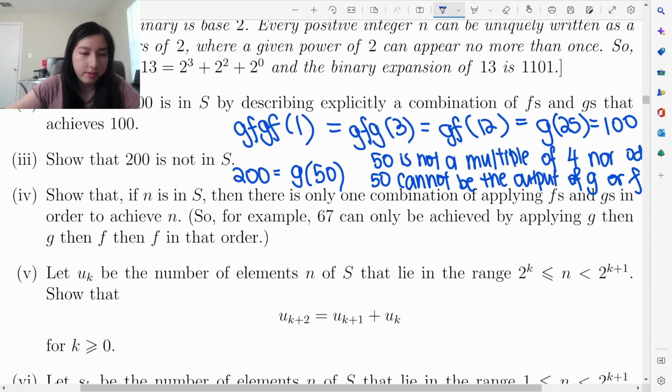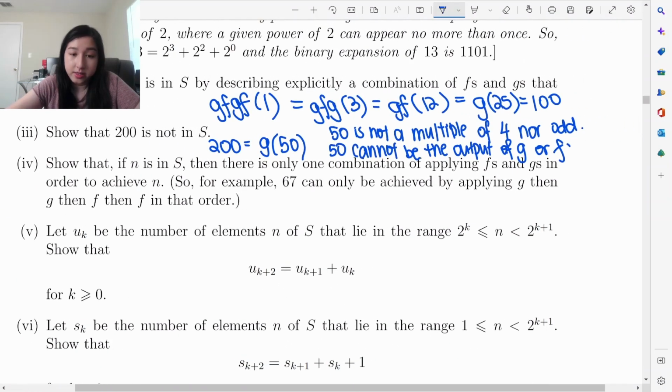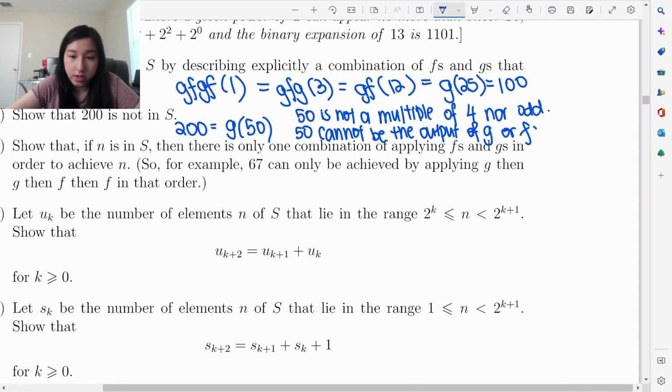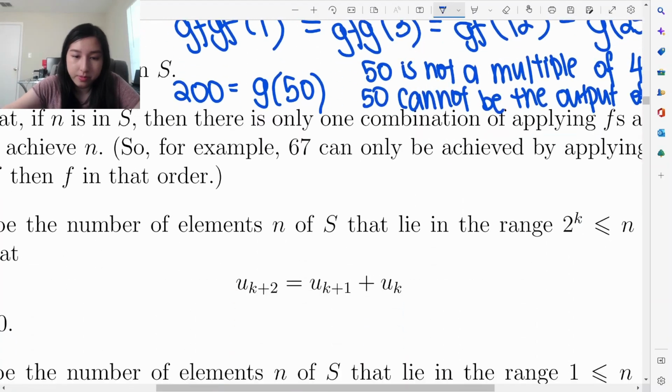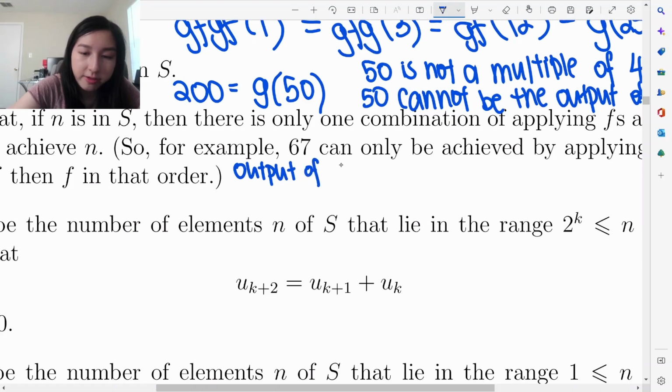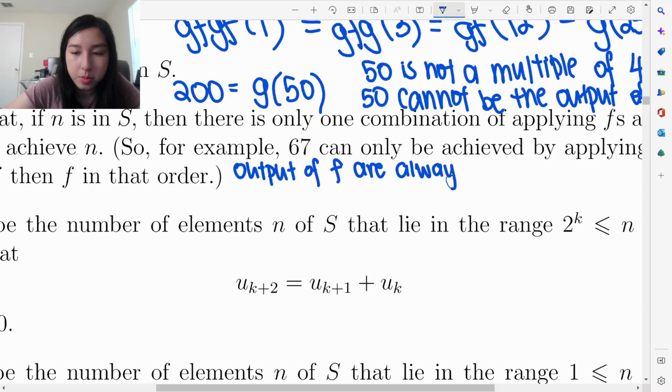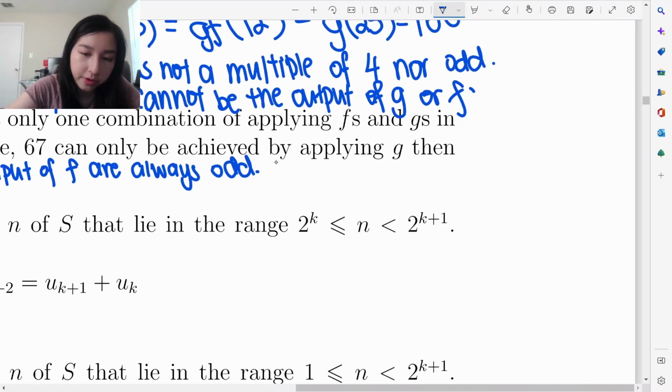Alright. Show that if n is in S, then there's only one combination of applying f and g. The output of f is always odd. The output of g is always a multiple of 4.